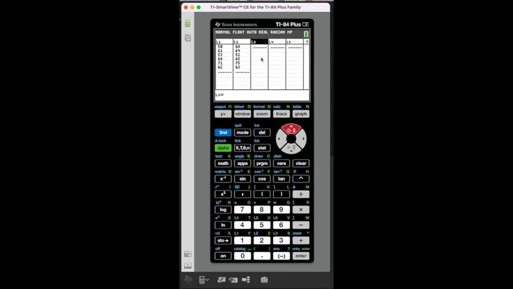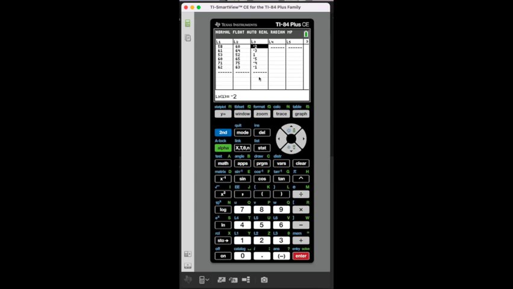Then, to get the differences in the last column, highlight the actual name of the list, L3, and tell it to do L1 minus L2. When I hit enter, it will automatically find all those differences for us, saving us the work of all that arithmetic.